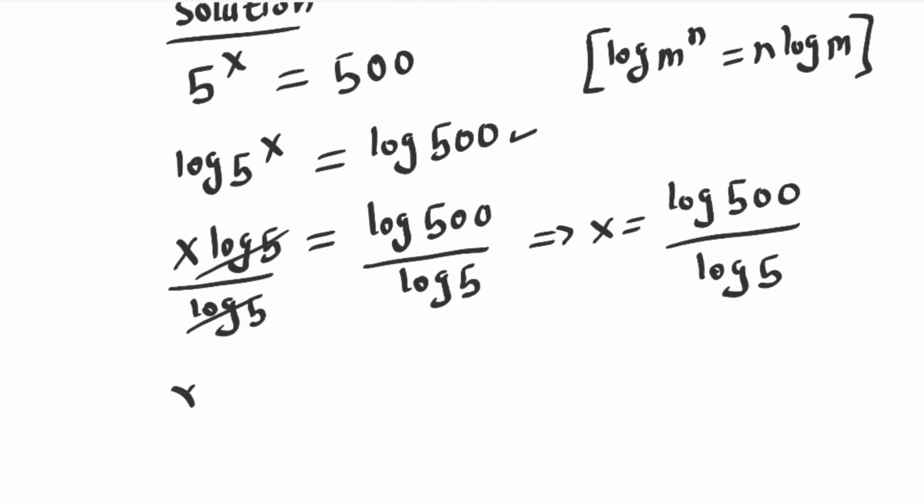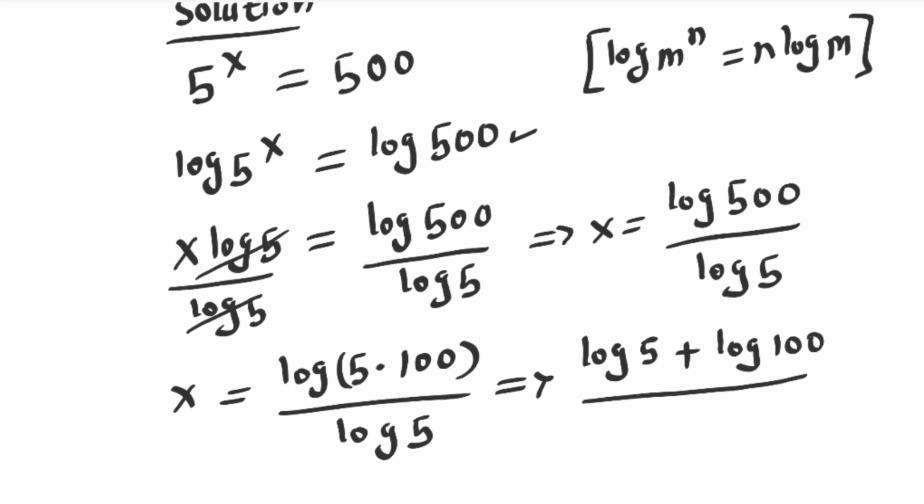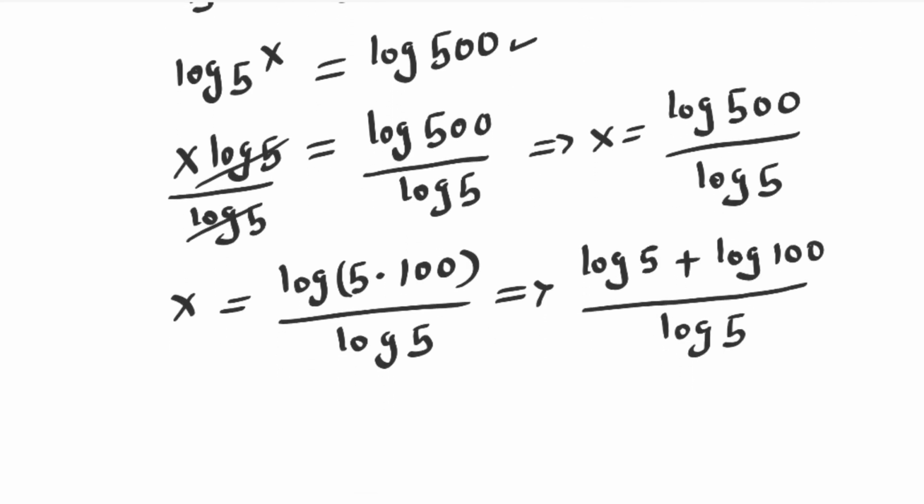Then x is equal to log 500, which can be written as log of 5 multiplied by 100, over log 5, and this is the same thing as log 5 plus log 100 over log 5.